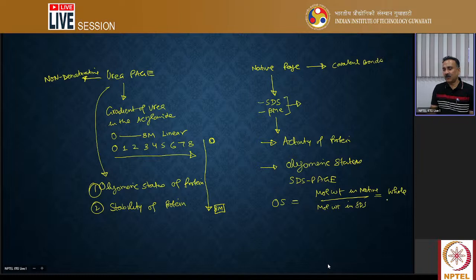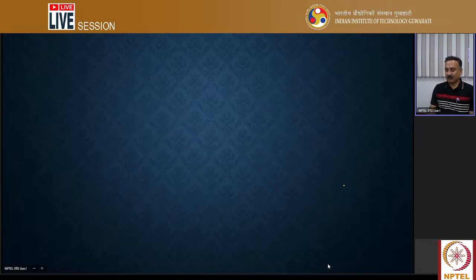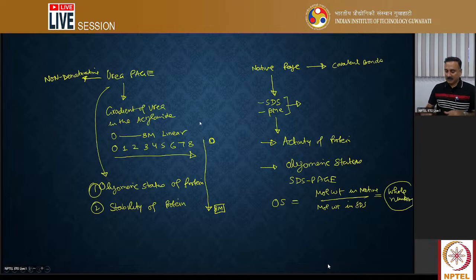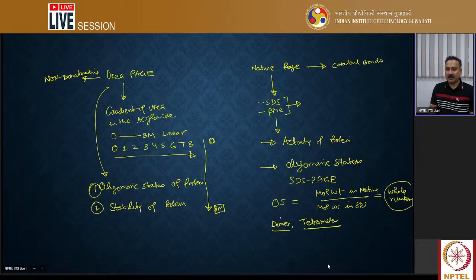Remember that it's not going to be a partial number, because oligomeric status is always a whole number. This means you can have a dimer, you can have a tetramer, like that. It cannot be in between. Apart from that, both have a similar kind of thing.